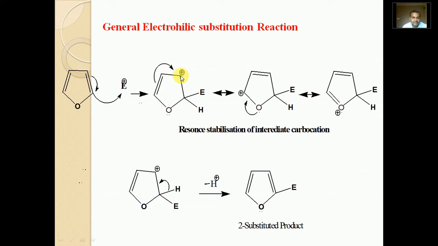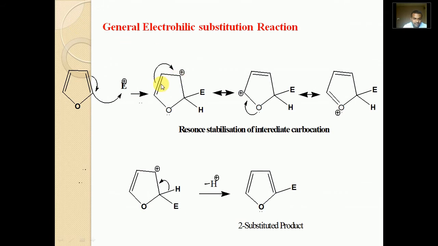Hence carbon number 3 acquires a positive charge, a carbocation, and these pi electrons, which are conjugated to each other, can stabilize it. When pi electrons or a lone pair are in conjugation with a positive charge, there is a possibility of resonance.